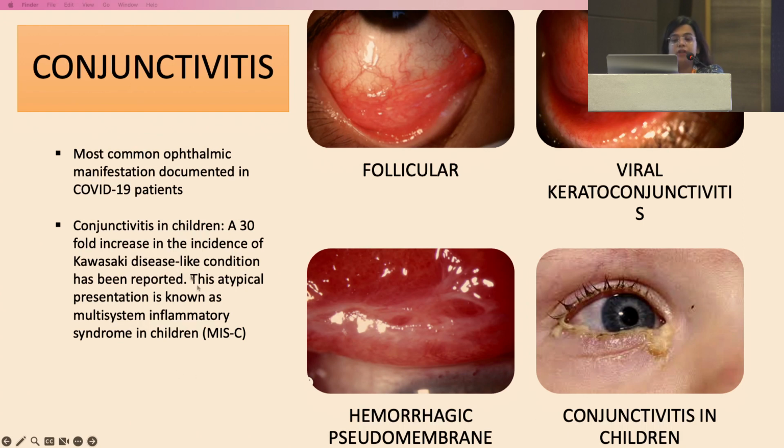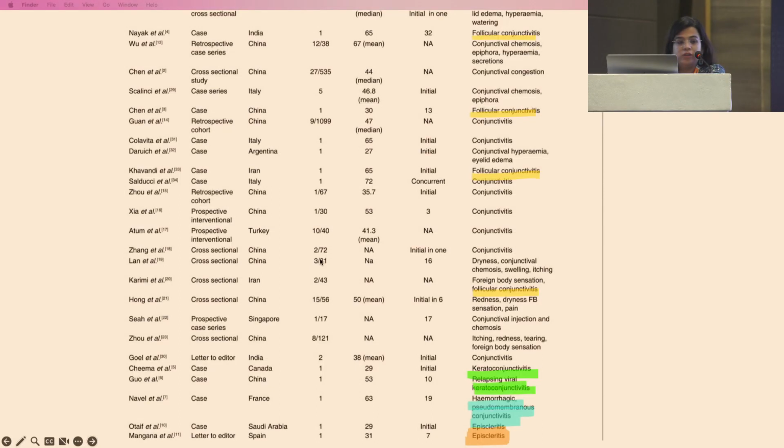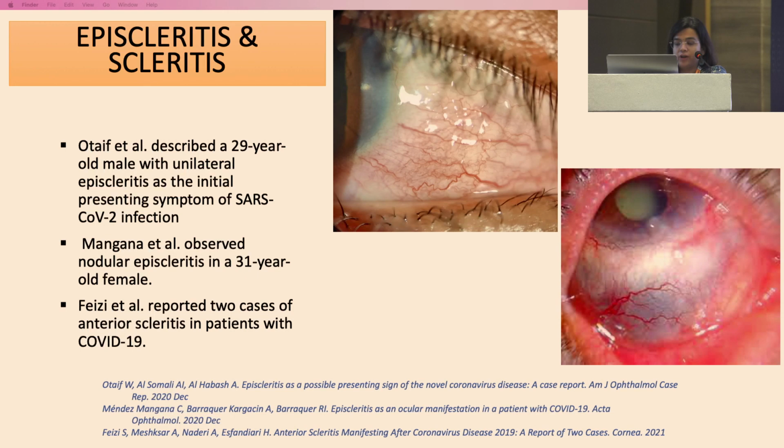I would like to mention that there are few case reports of conjunctivitis in children, which was classified as multi-system inflammatory syndrome in children, a condition resembling Kawasaki disease. This is a table showing various presentations reported by various authors worldwide with conjunctivitis as the first symptom.